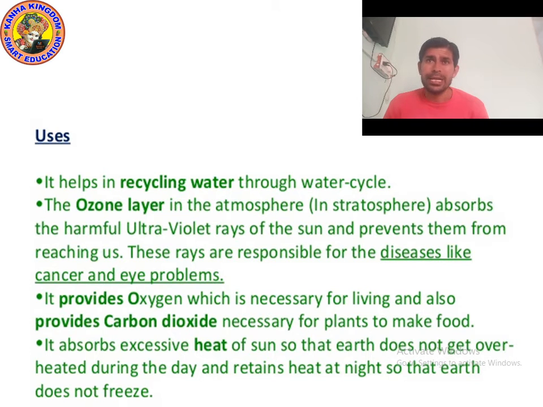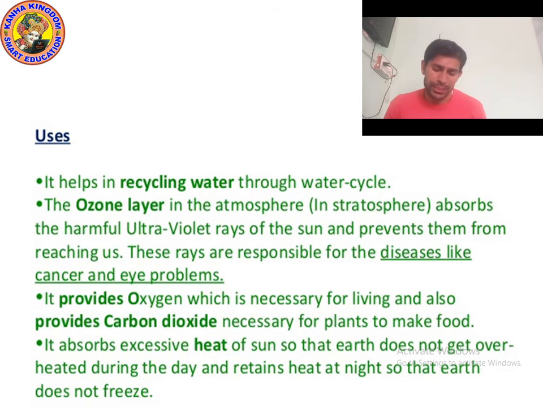So uses, it helps in recycling water through the water cycle. Okay, that is the first use. And second is the ozone layer in the atmosphere, which is present in the stratosphere, okay, and absorbs the harmful ultraviolet rays of the sun and prevents them from reaching us.